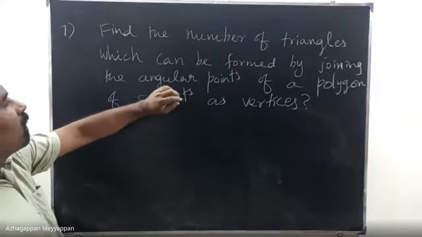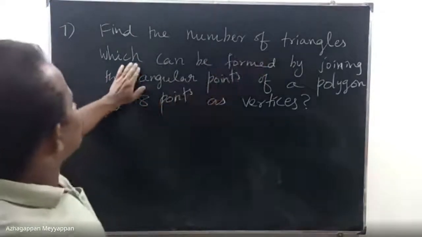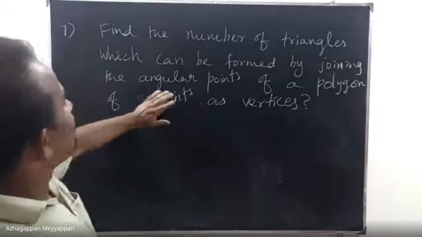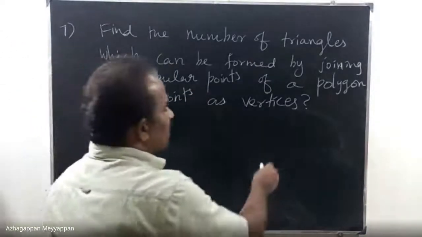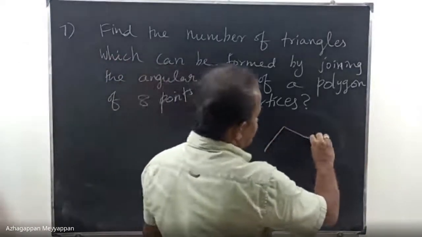Find the number of triangles which can be formed by joining the angular points of a polygon of 8 points. Polygon of 8 points in the sense.